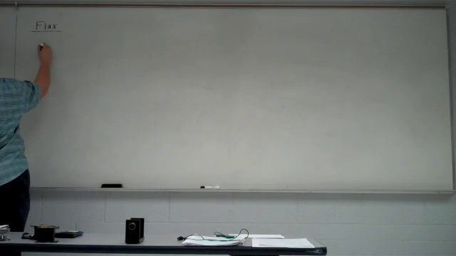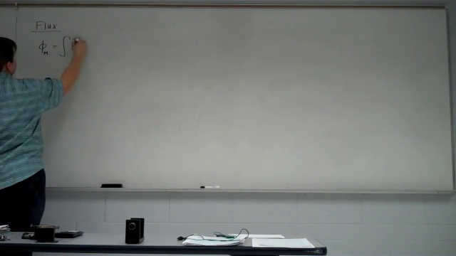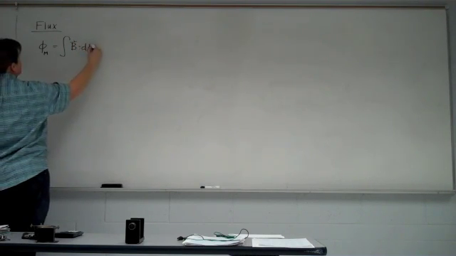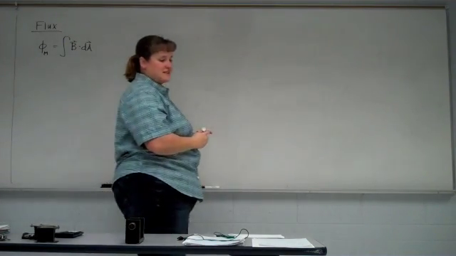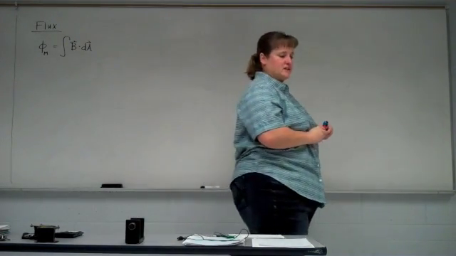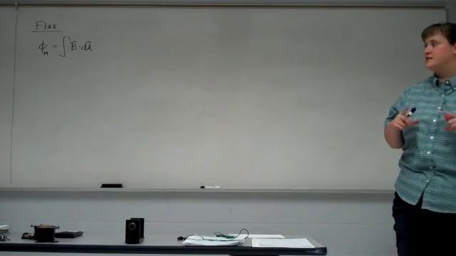So the flux equation, I'm going to put an M for magnetic flux. The flux is the integral of the field dotted with the area. You have to integrate if the magnetic field does not have the same value everywhere in the area that you're looking at.